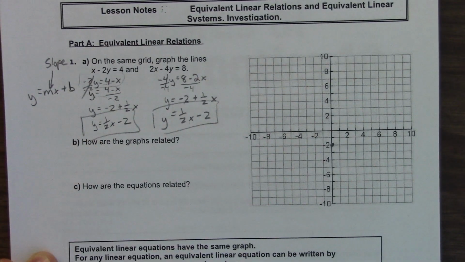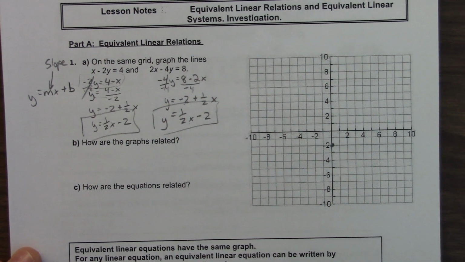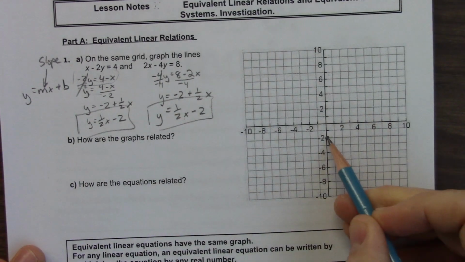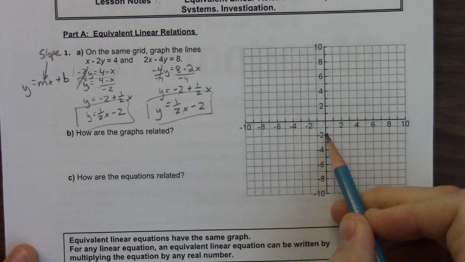So what's the slope? Oh, 1/2? Right, 1/2. So if this is a point on my line and my slope is 1/2, how would I go about graphing this?